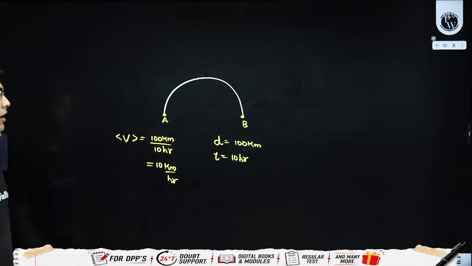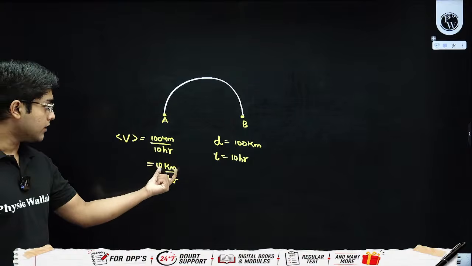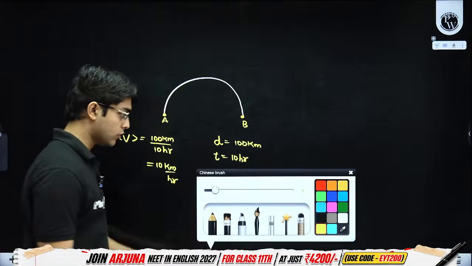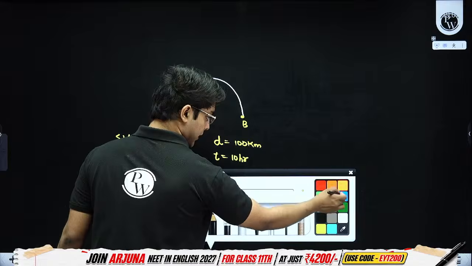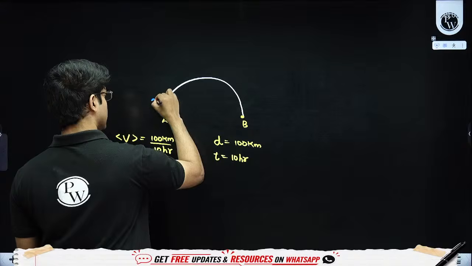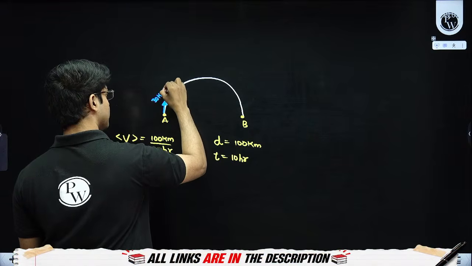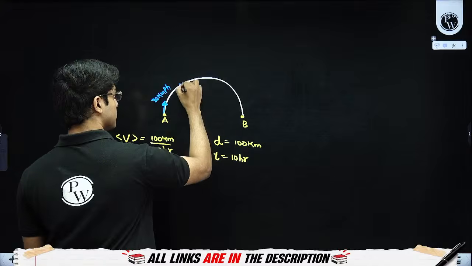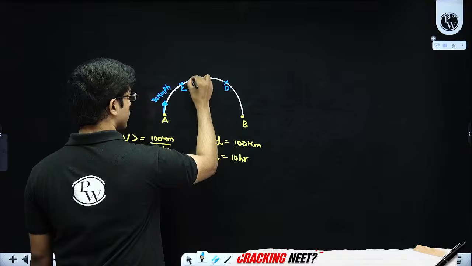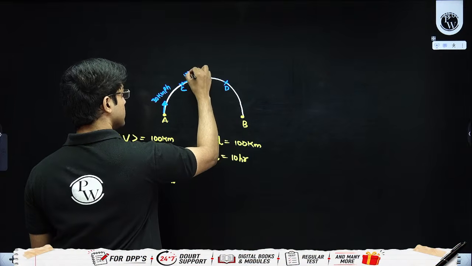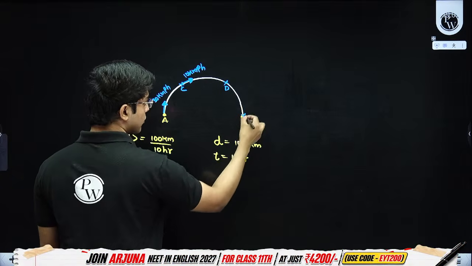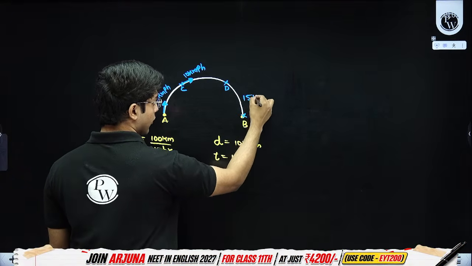Now this does not mean the car was traveling at 10 kilometers per hour everywhere. That is not what an average speed of 10 means. The car can have any velocity. Here it might be moving at 30 kmph from A to this point, and from this point C to D, let's say it was moving at 10 kilometers per hour, and from D to B it was moving at some 15 kilometers per hour.